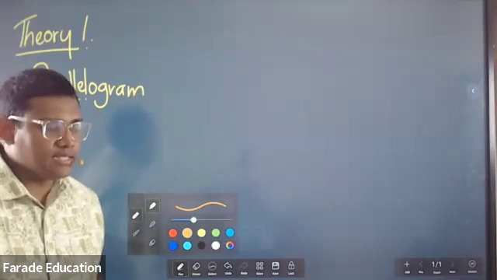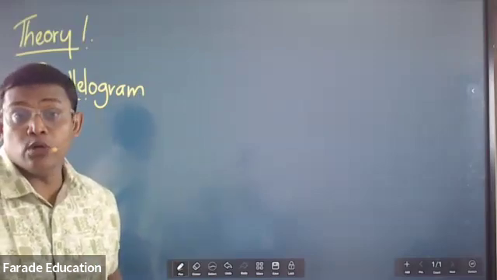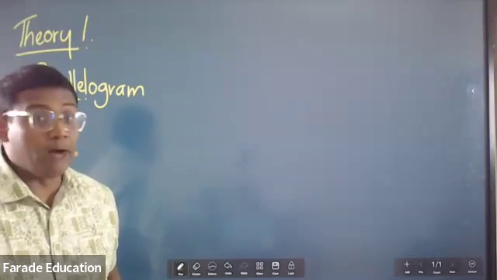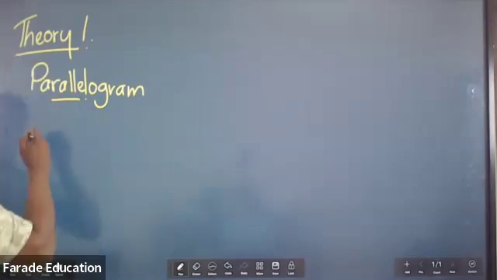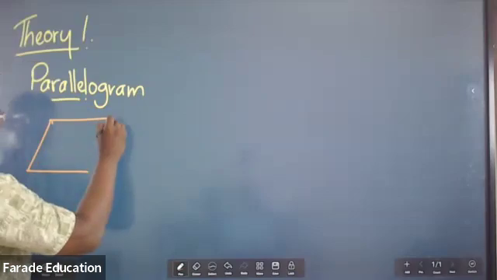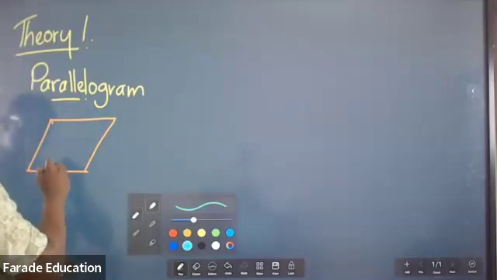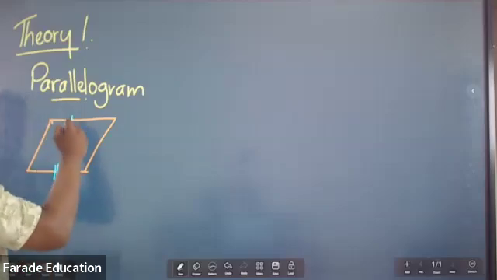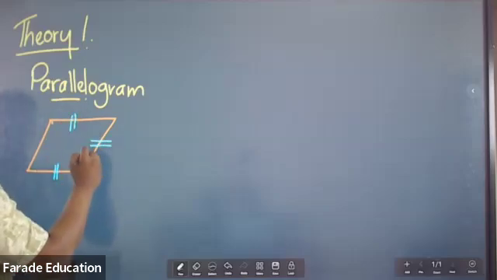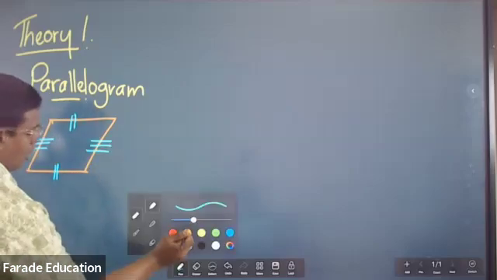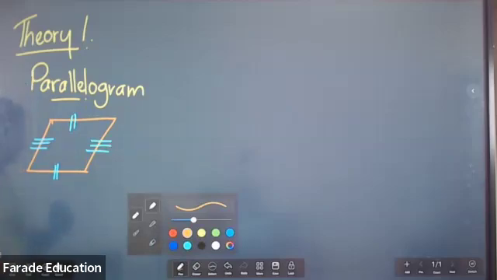There are 5 things that are very essential when you see the term parallelogram, and these should come into your mind first. The first thing: in a parallelogram, the opposite sides are equal in length. That is the first one.